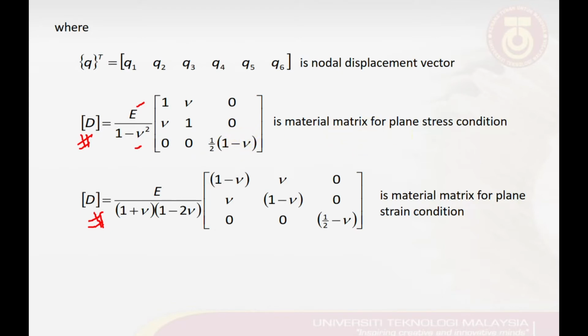As we discussed before, there are 2 conditions that may be involved depending on the geometry of the structure and also the loading conditions, which are the plane stress condition and the plane strain condition.